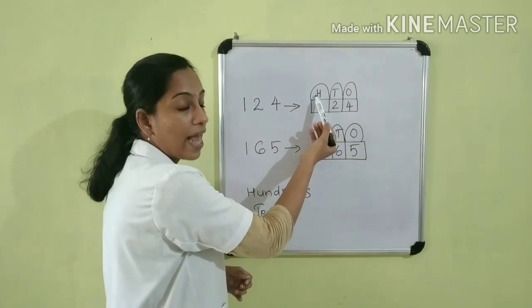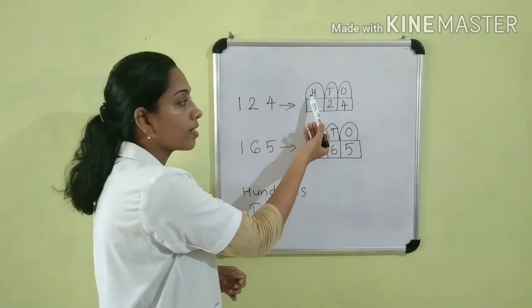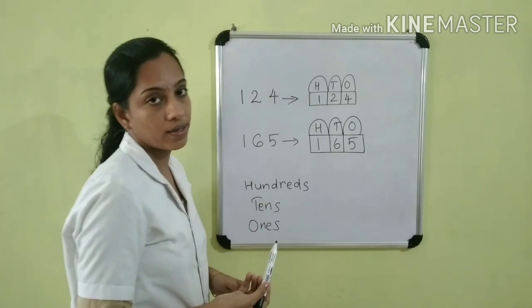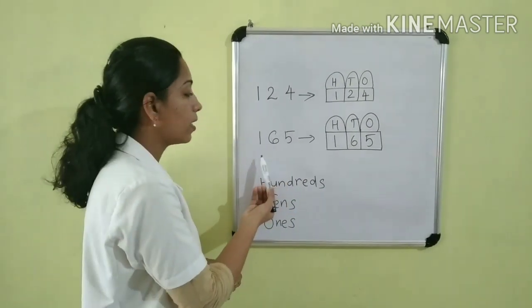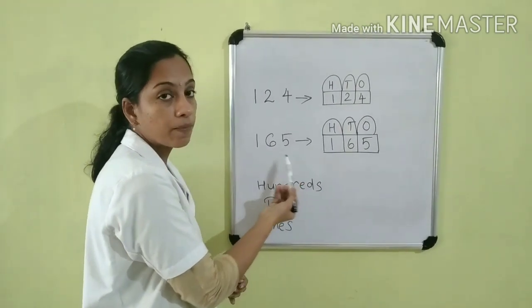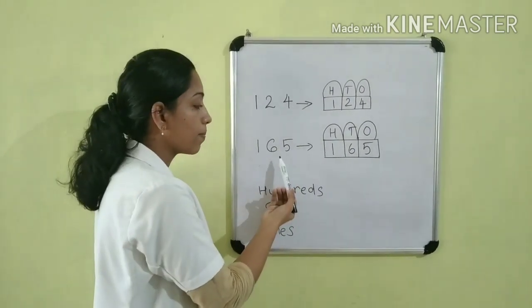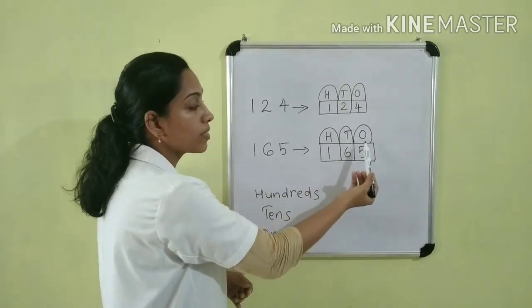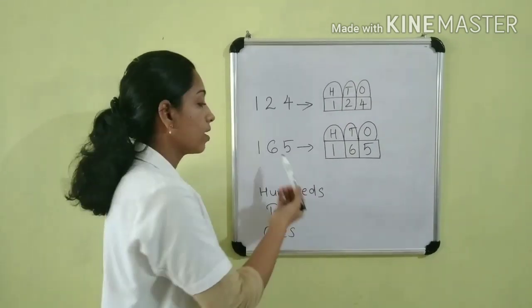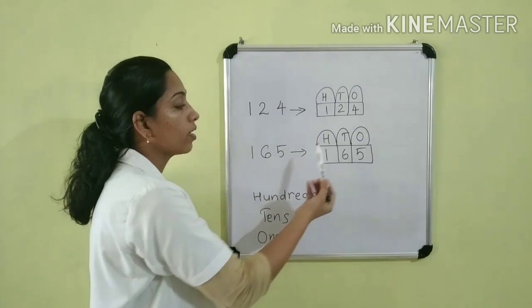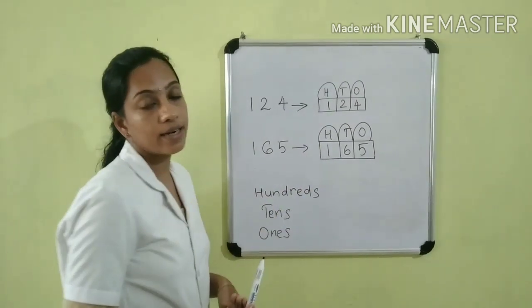This capital H stands for hundreds, T for tens, and O for ones. In the next example, how do you read this number? 165. In this number, the number 5 comes under ones place, 6 comes under tens place, and 1 under hundreds place.